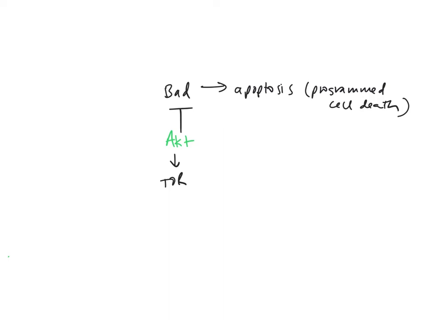At the same time, AKT will activate a molecule called TOR. And TOR has two different roles. TOR stimulates protein synthesis, in other words, translation, and it represses protein degradation, which would be the breakdown of proteins.